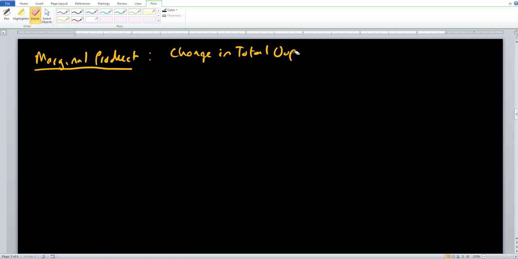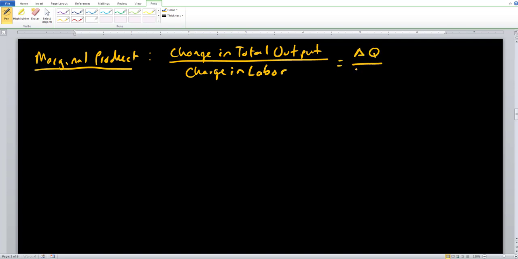If we wanted to use a shorthand mathematical notation, it'd just be triangle Q divided by triangle L. So change in quantity divided by the change in labor. Essentially, when we increase the amount of workers that we have working for us by 1 unit, what is going to be the change in our output? How much additional output do we get?